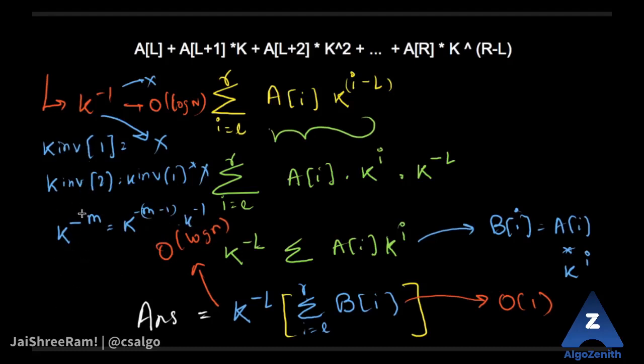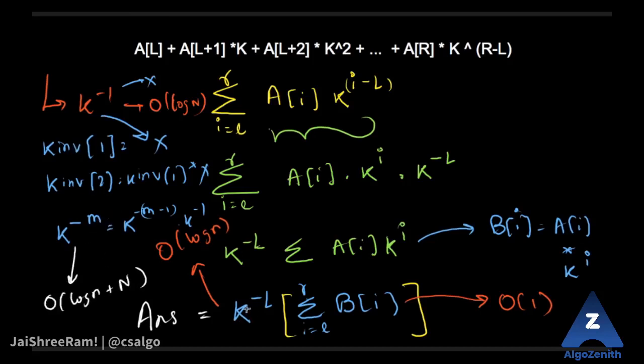So computing this before you start any computation will take you order n, right? This order log n is just a one-time cost. So you pay order log n plus order n cost to build this k inverse array.